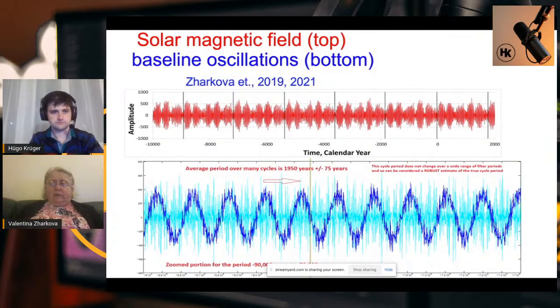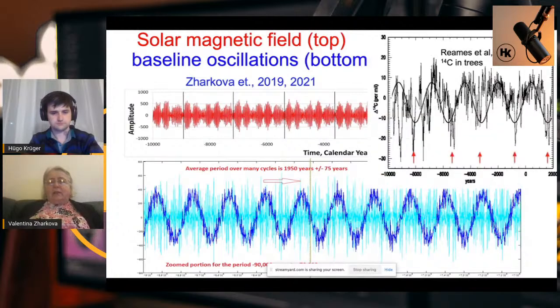Why would the zero line be waving? So we started looking, and indeed, these are oscillations which are often reflected in the abundances of the carbon 14 isotope in trees. They also have this oscillation of about 2,200 to 2,300 years.